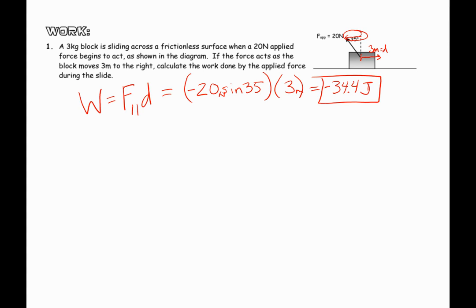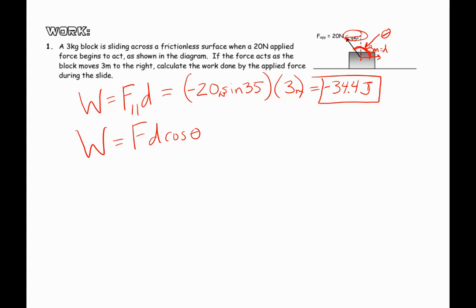Now, here's the deal. If you're sitting there going, but Ms. Palachuk, you said that work is FD cosine theta. Okay, fine, let's take a look at that. Work equals FD cosine theta. But in that case, the angle that you're dealing with is really this angle right here. That's the angle that we're looking at.